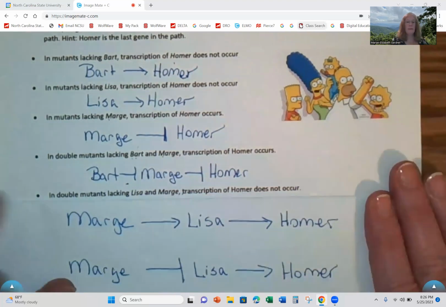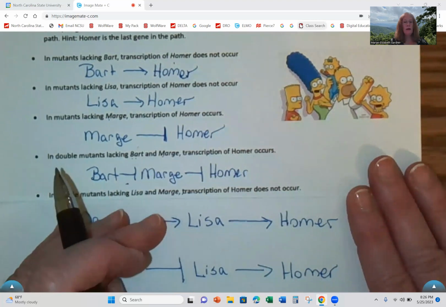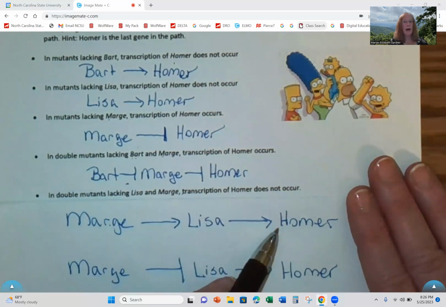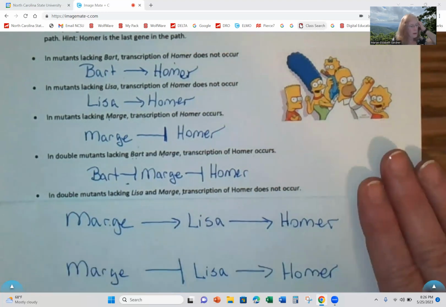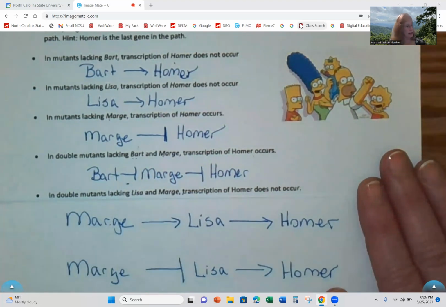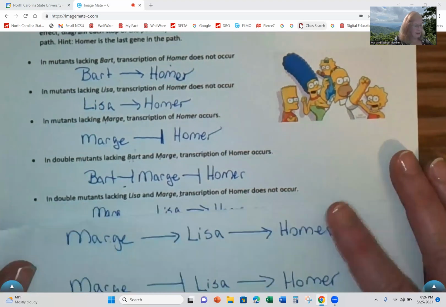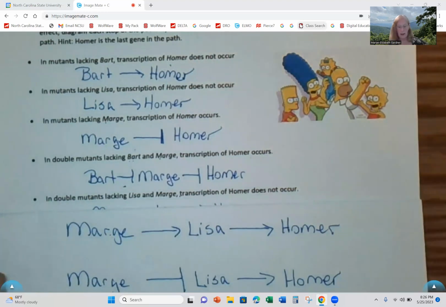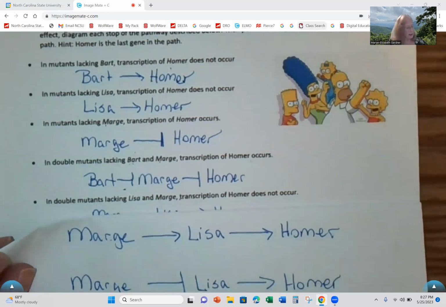So we've got our two possibilities. If Marge is defective here, Marge does not turn on Lisa. So Lisa cannot turn on Homer. If Marge is defective here, Marge does not block Lisa, which means Lisa turns on Homer. So in a double mutant with Marge and Lisa, we have transcription not occurring, which means we need to make this a T-bar.